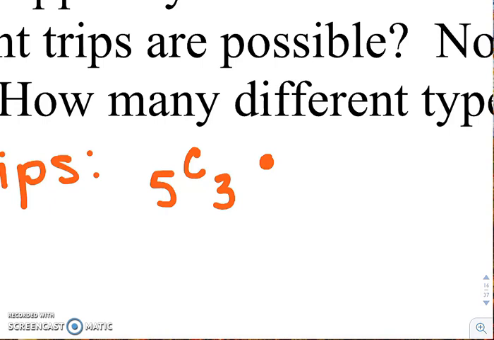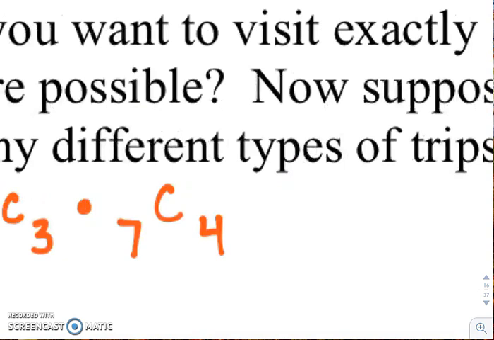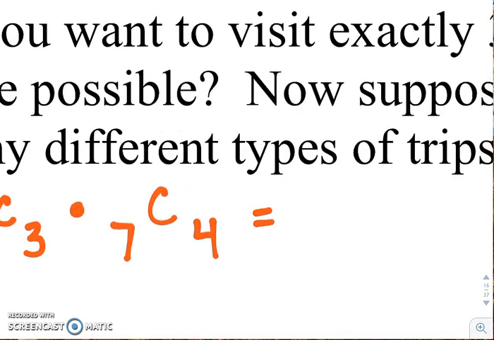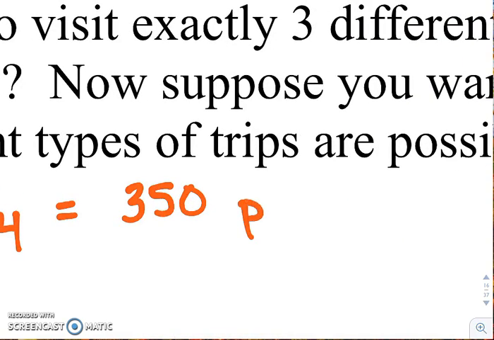There's 7 attractions, and we want to choose 4 of those 7. So 5 choose 3 times 7 choose 4 would give you 350 possible trips for that combination.